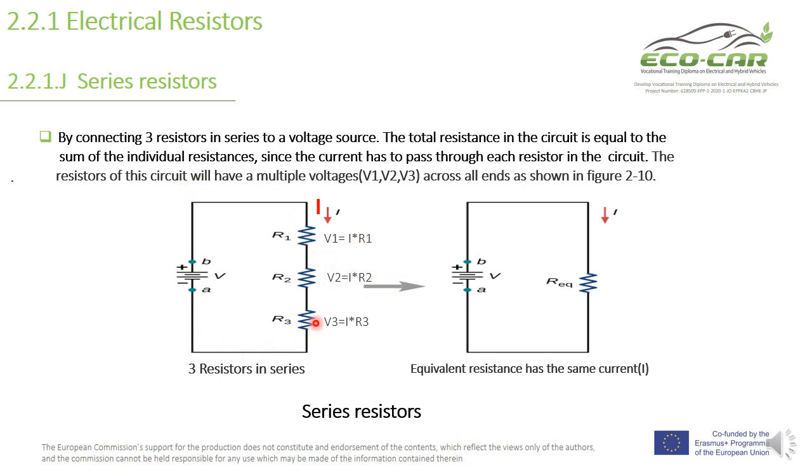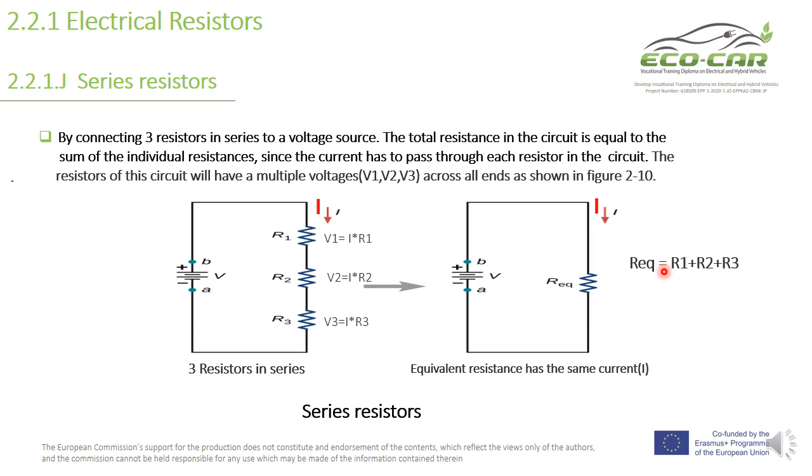So the equivalent of this series circuit is like this. This is the R equivalent, which is equal to R1 plus R2 plus R3. So the voltage here of the R equivalent is equal to V1, V2, V3, which is equal to the voltage of this power supply or source.